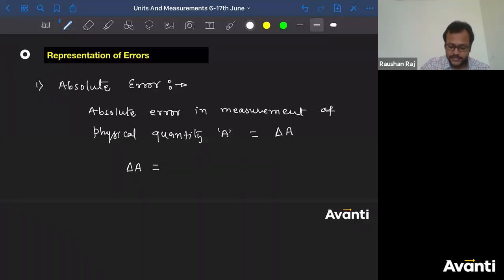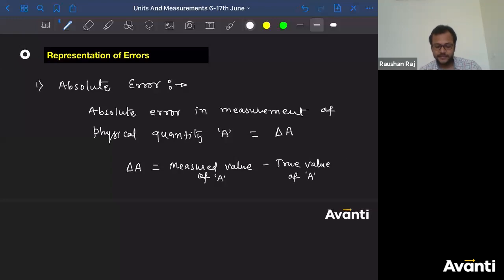Okay? So this delta A will be measured value of A minus true value of A. So this difference is called, you can write MV minus TV.